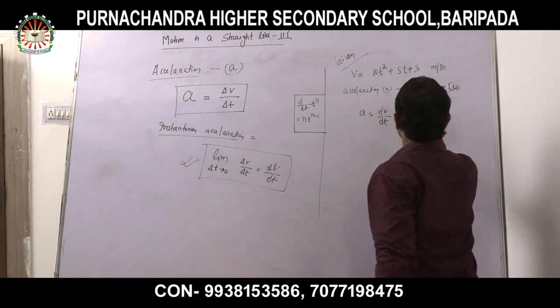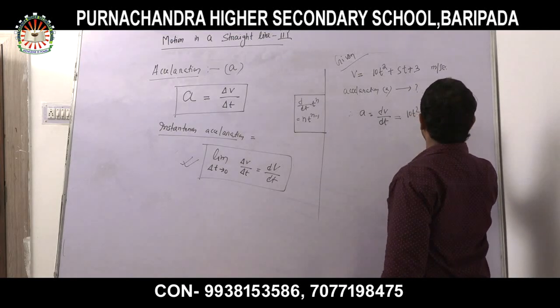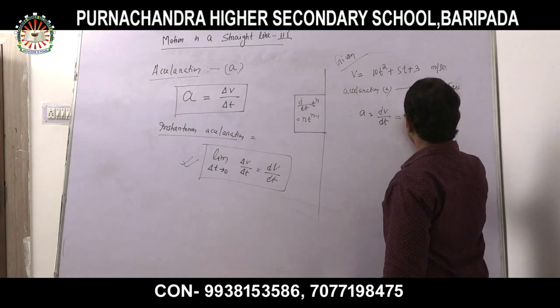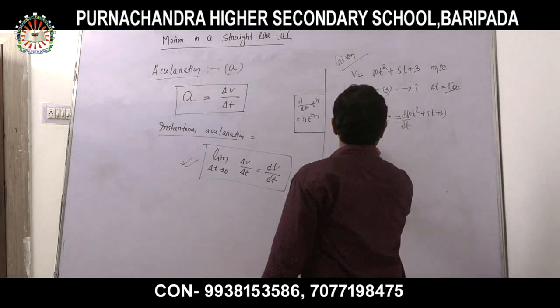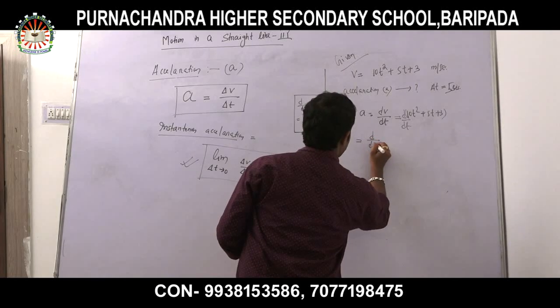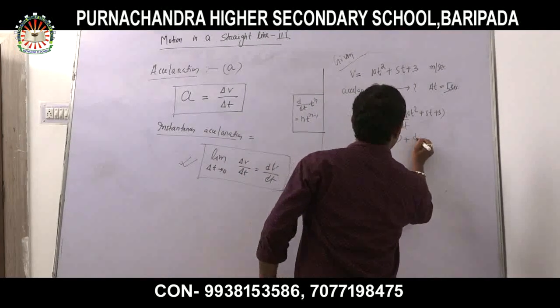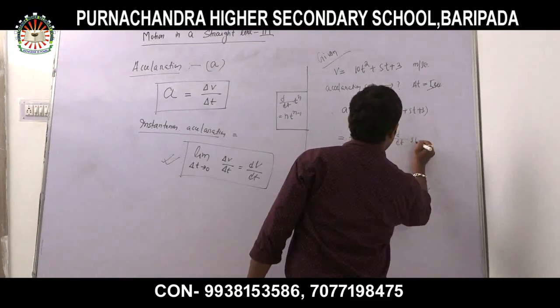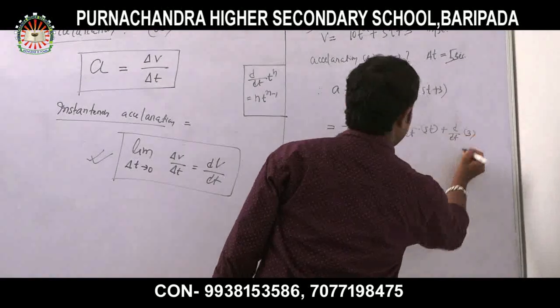So now dv by dt of 10t square plus 5t plus 3 is equal to d by dt 10t square, d by dt 5t, d by dt 3.